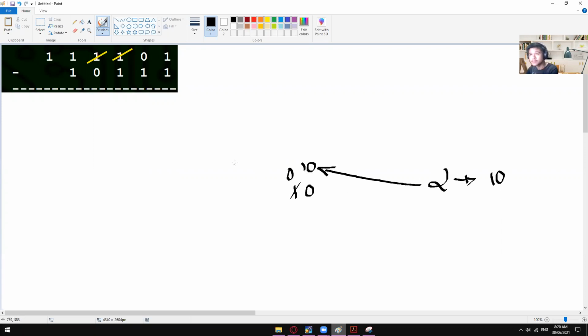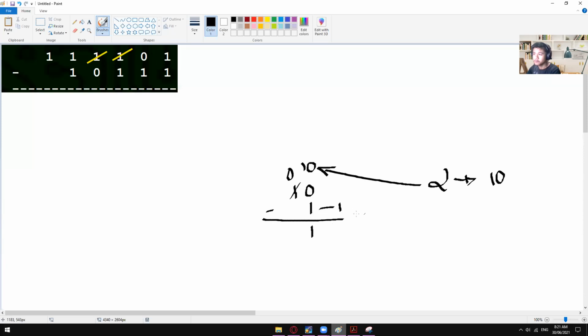So if you're going to deduct 1 in here, let's say minus 1, this one is not equal to 9. This one is equal to, so 2 minus 1 is 1. Since this one has a value of 1 in decimal, this one has a value of 2 in decimal. So 2 minus 1 is 1.